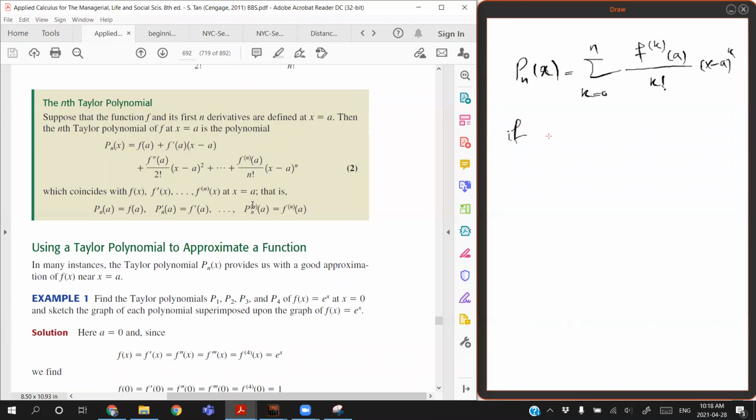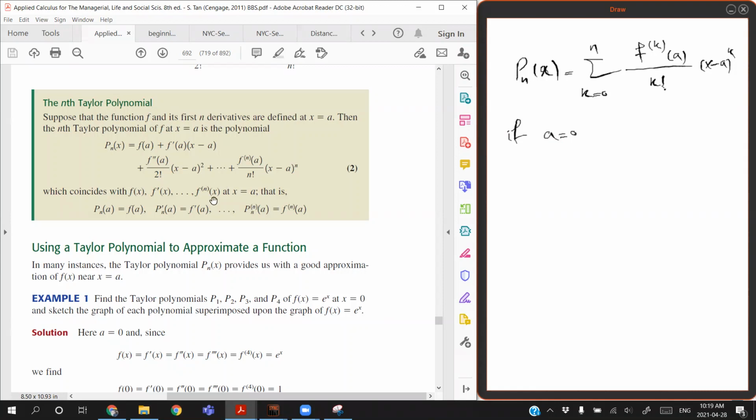Now, if a is 0, so if you're writing a Taylor polynomial for a equals 0, that is, you're trying to approximate the function for the values that are close to 0.